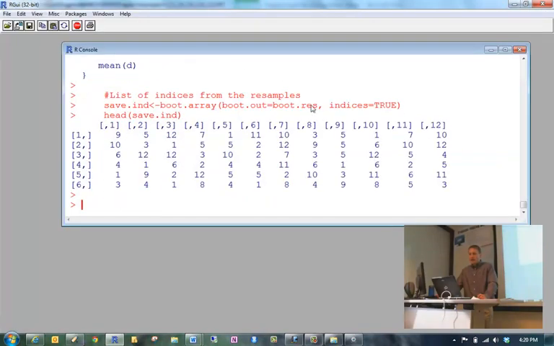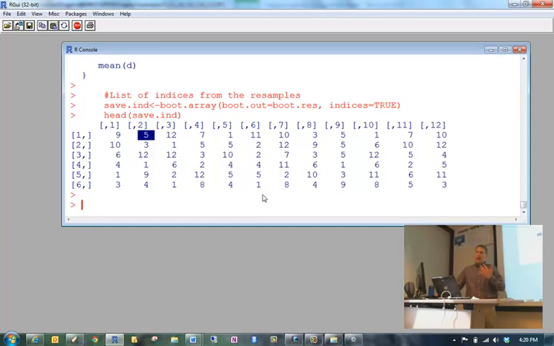Let's take a look at the head of it. We see that we have 12 columns. What this represents is that in the first resample, Y1 star was Y9, Y2 star was Y5.